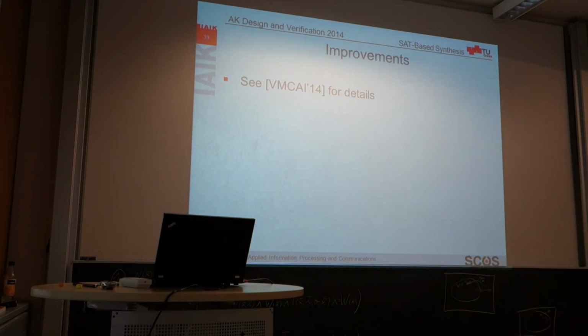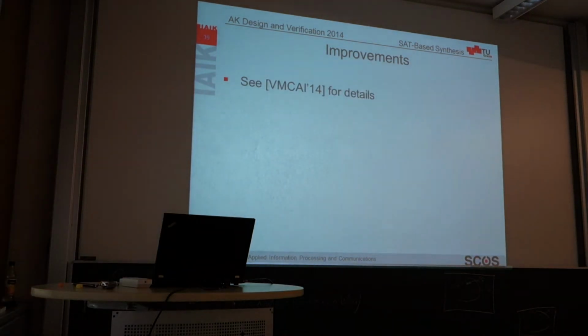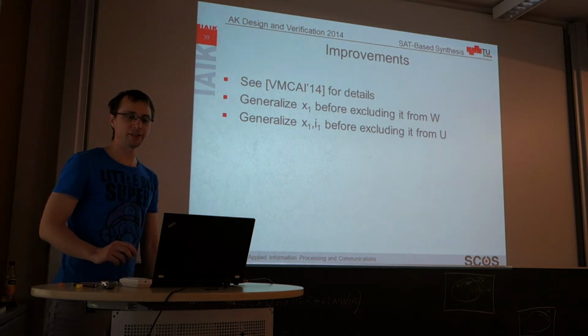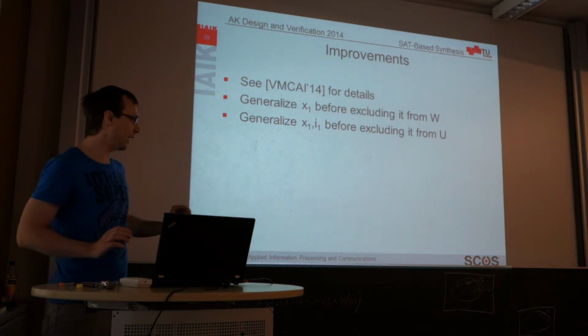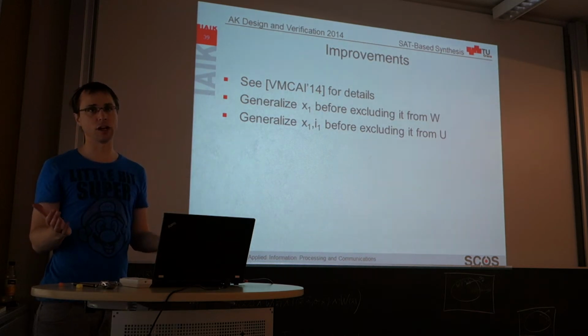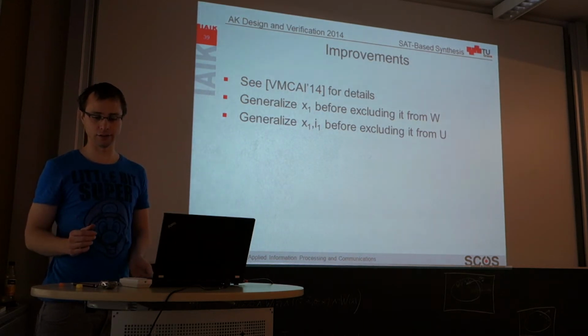But the algorithm, as we've just discussed it here on the blackboard, is not so super efficient, because one thing we really need to do is, before we exclude any state from the winning region, we again generalize it into a larger region of states that is excluded.